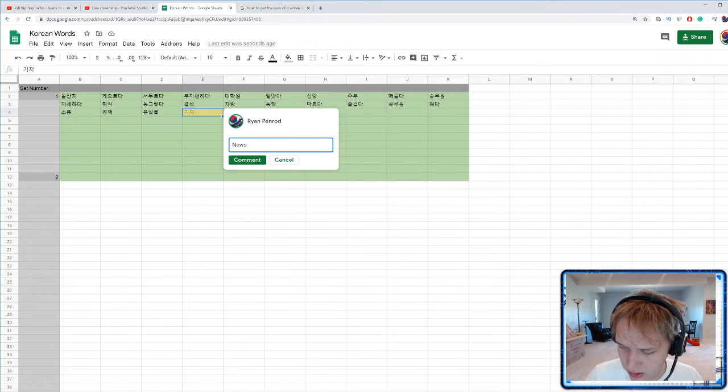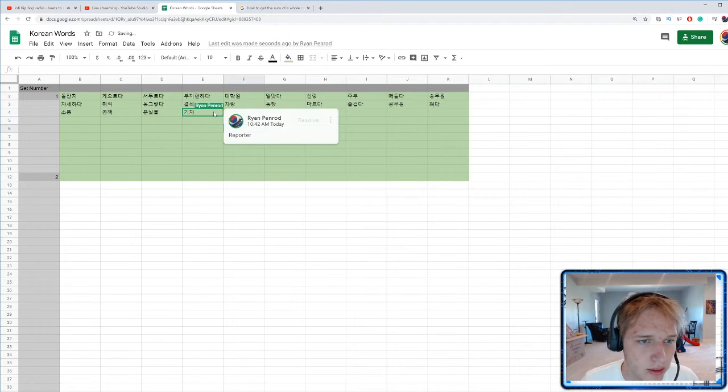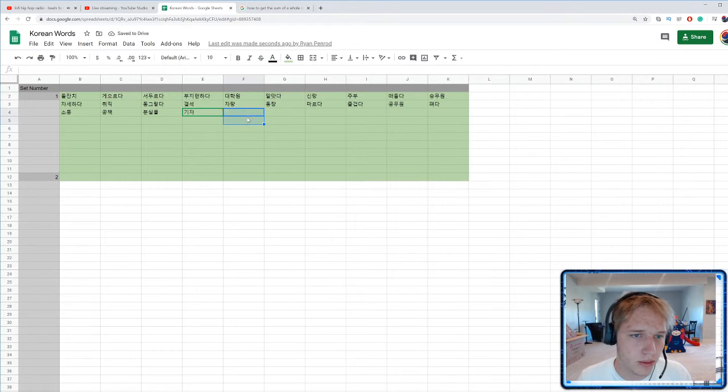What do you even call it? Newspaperman, reporter, means reporter. I can comment and boom. And then when I hover over, I'm like, oh, okay, reporter. So that's another nice feature.